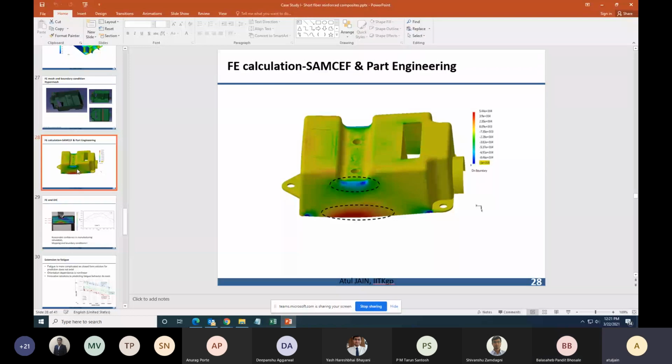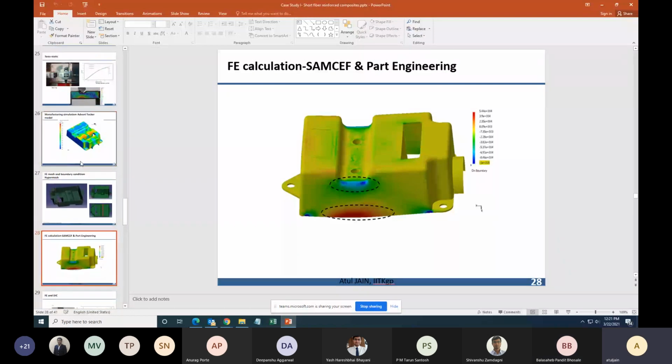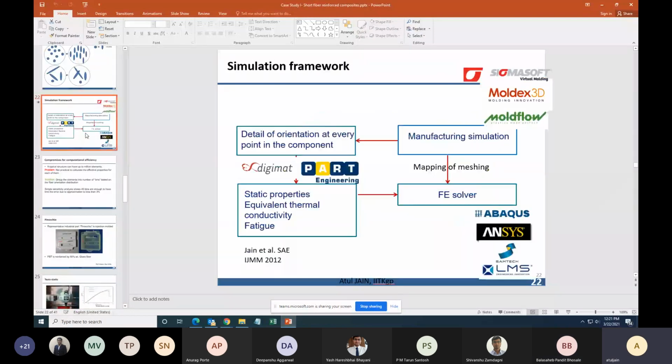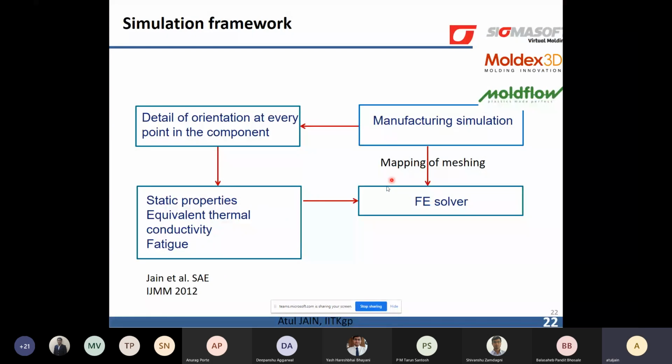Yes. In this slide, let us go to our simulation framework. We are showing the result of this box. The manufacturing simulation gave us the detail of orientation at every point. We calculated the static properties using the software Digimat, which is fed to the FE solver.